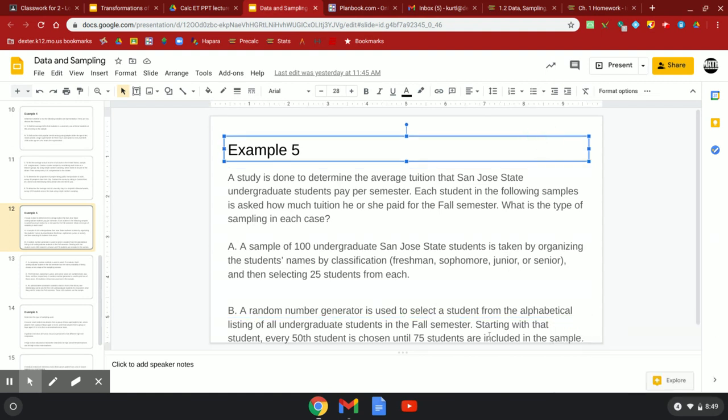All right, well, we've got a list of students and we're choosing every 50th student. This part right here where it says every 50th student is what really tells me what's going on. When it says it's choosing every 50th student, I know that I'm going to have a systematic sample. I think of it as I'm systematically choosing every 50th student to be in the survey. It goes by a system as far as who gets chosen for the sample and who doesn't.